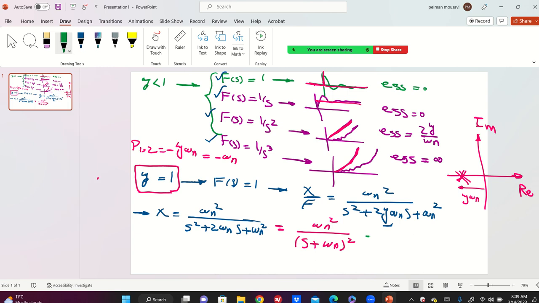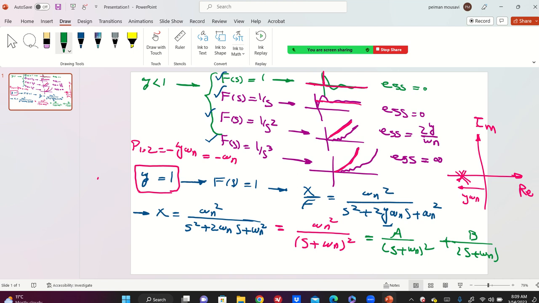Now you have to decompose this as A over s plus omega n squared plus B over s plus omega n, because it's a second order.